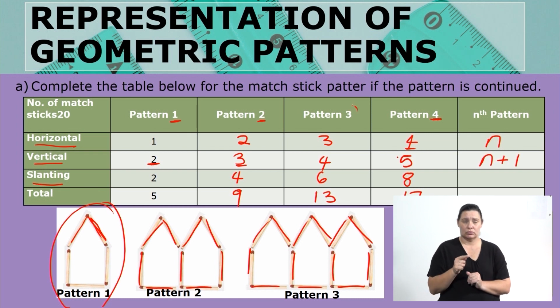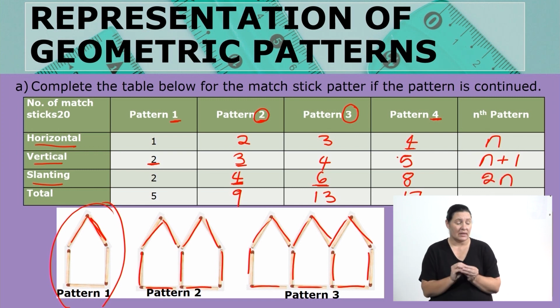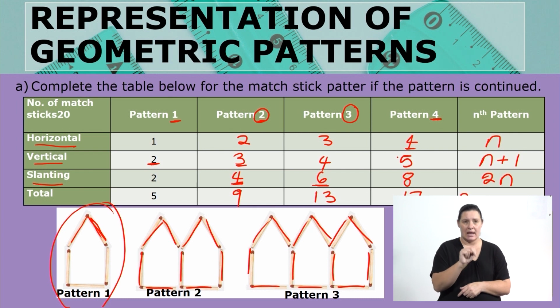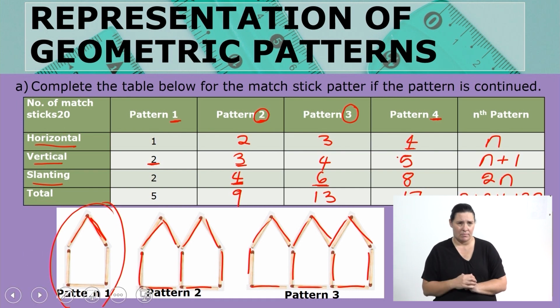And when it comes to the term number with the slanting sticks, we can see that we are just multiplying by 2. So that is going to be there 2n. And all of that added together is going to be n plus 1 plus 2n. And that is going to be for our nth term.